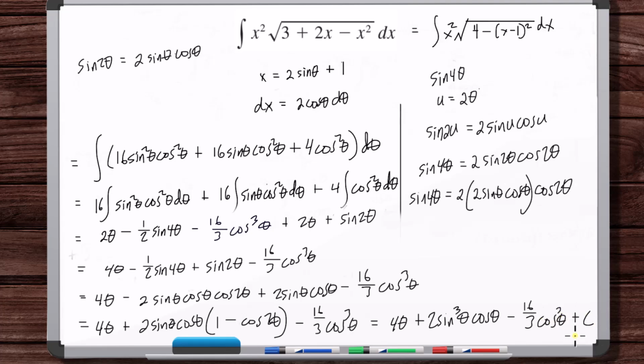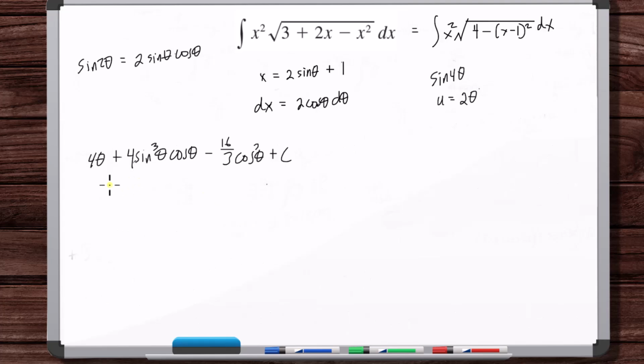Plus c. There we go. Okay, so now we just need to make this a function of x.